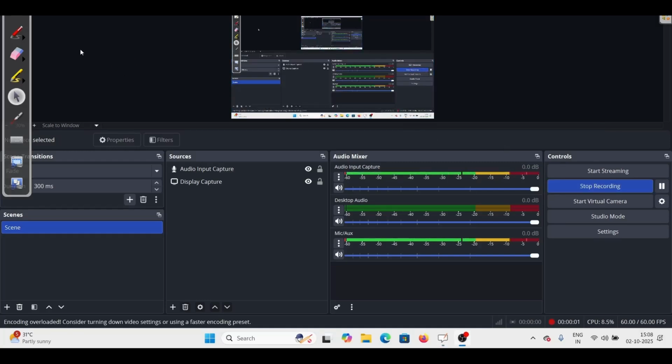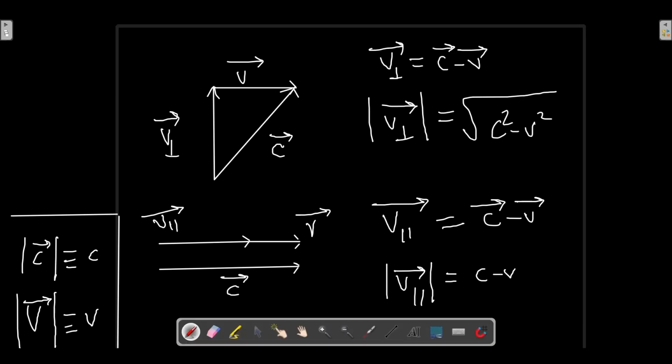Let's find out V perpendicular and V parallel. V perpendicular, you can have a look at this figure, will be directed in this direction. C vector will be directed in this direction, and V vector in this particular direction. So from the triangle law of vector addition, V perpendicular vector is equal to C vector minus V vector. The modulus of V perpendicular will be equal to square root of C square minus V square.